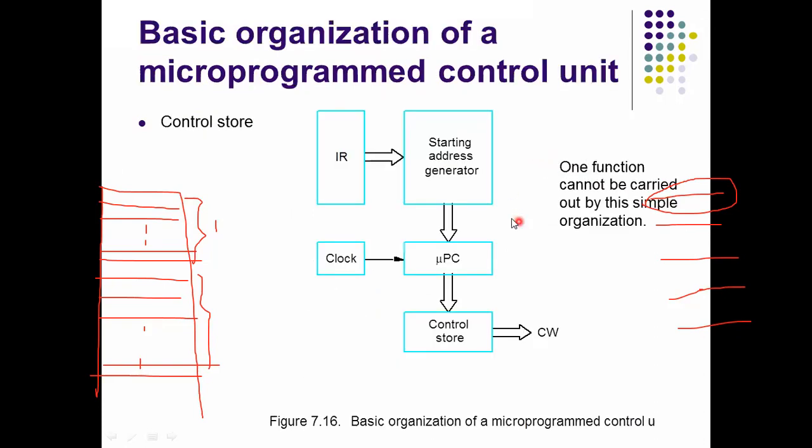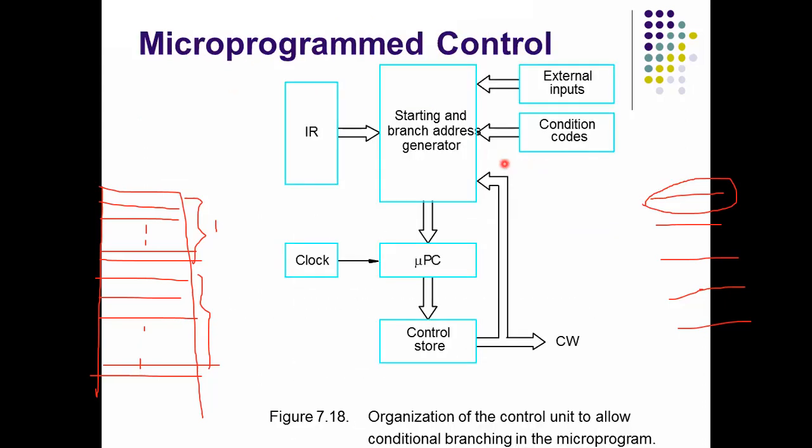External inputs means, for example, MFC signals or interrupt signals, which that organization cannot handle. That is why we use this microprogrammed control organization of the control unit, to allow conditional branching in the microprogram. Here we are adding condition codes as well as external inputs.